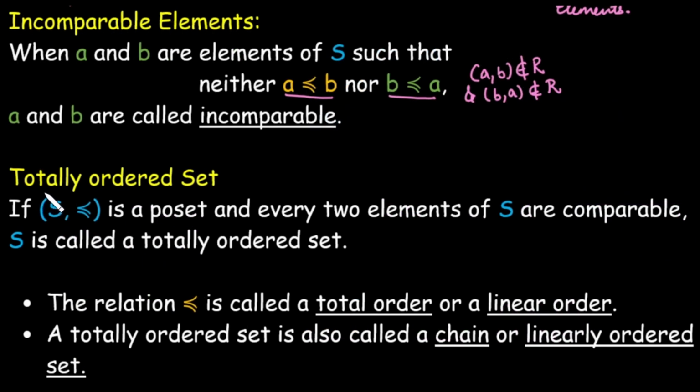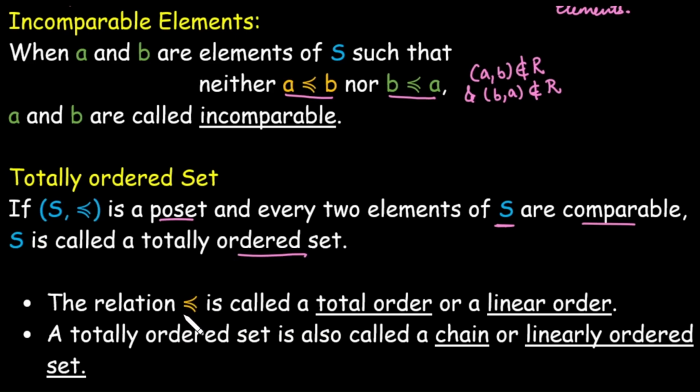One more important term we have is the totally ordered set. Totally ordered means everything is in an ordered form. For that, the first thing we need to think about is, what is the set? If the set with the relation is a POSET and every two elements of that set are comparable, meaning we can compare each and every element from the set S, then it is called a totally ordered set.